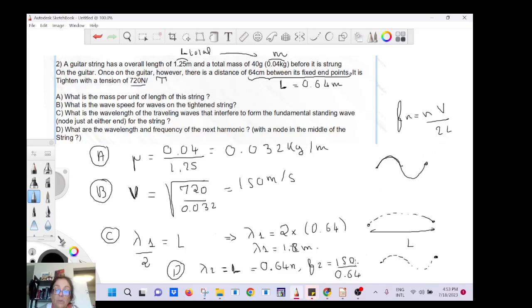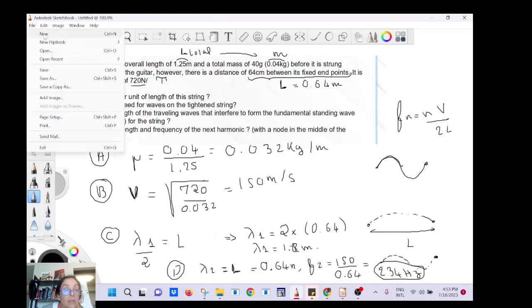So 150, the speed, divided by 0.64. So that will be 234 hertz. So that will be your second overtone, the second natural frequency. Okay, so that was easy. You can stop the video.